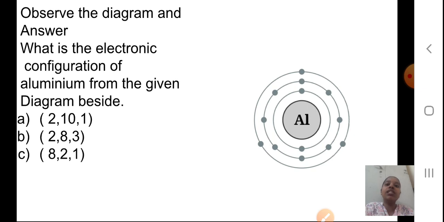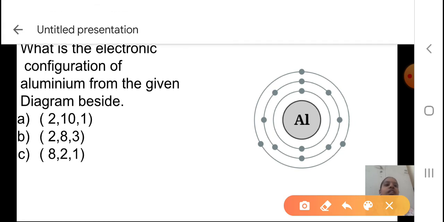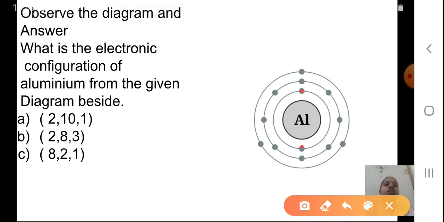Now what will you see here, students? First you will see the first shell, how many electrons are there? This is 1 electron, this is your second electron. So 2. In all 3 options, the first number is 2. Now we will see the second shell. How many electrons should it have? 8. Let us see, are they 8? 1, 2, 3, 4, 5, 6, 7, 8.